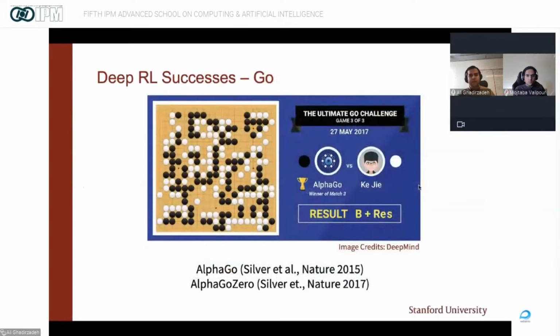Followed by that, we have AlphaGo or AlphaGo Zero, again from DeepMind. There they showed that they can beat world champions in the game of Go. Probably some of you already know the challenges of the game of Go, but I don't want to go into details.